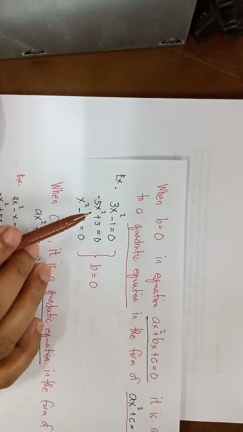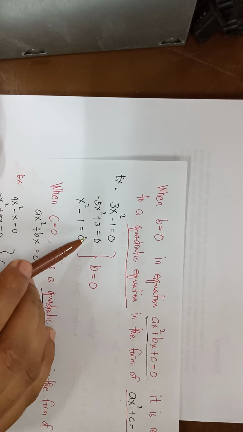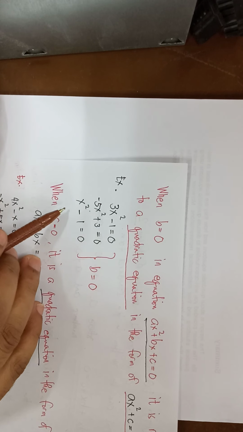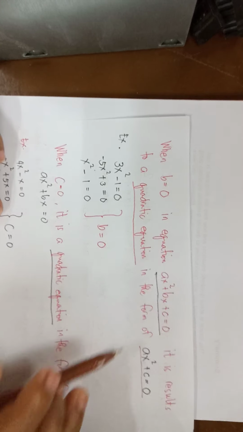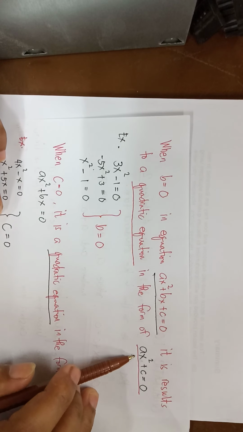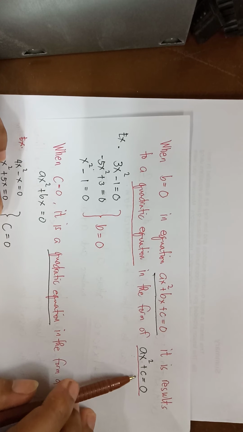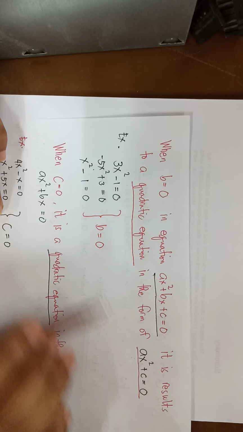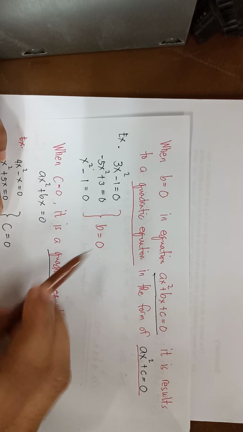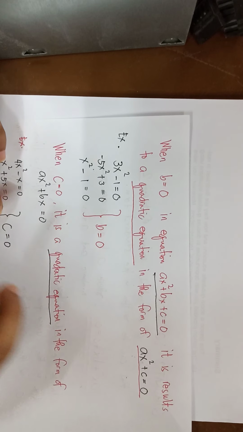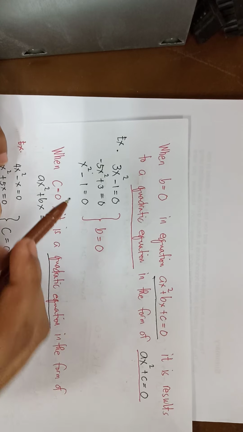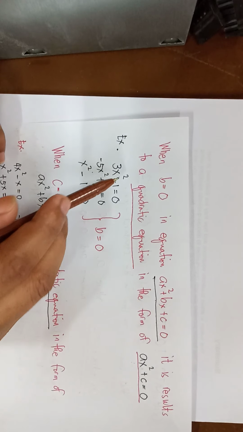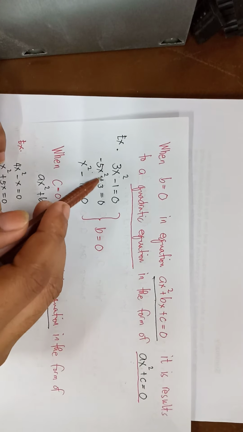Second, negative 5x squared plus 3 equals 0, and x squared minus 1 equals 0 are still in the form of ax squared plus c equals 0. And it is still also what we call a quadratic equation. It is a quadratic equation because the highest degree or highest exponent is 2.